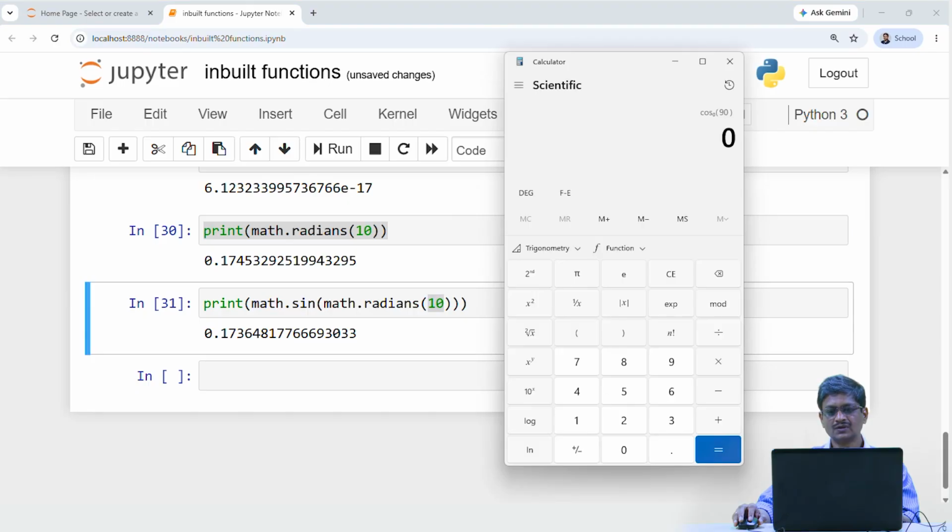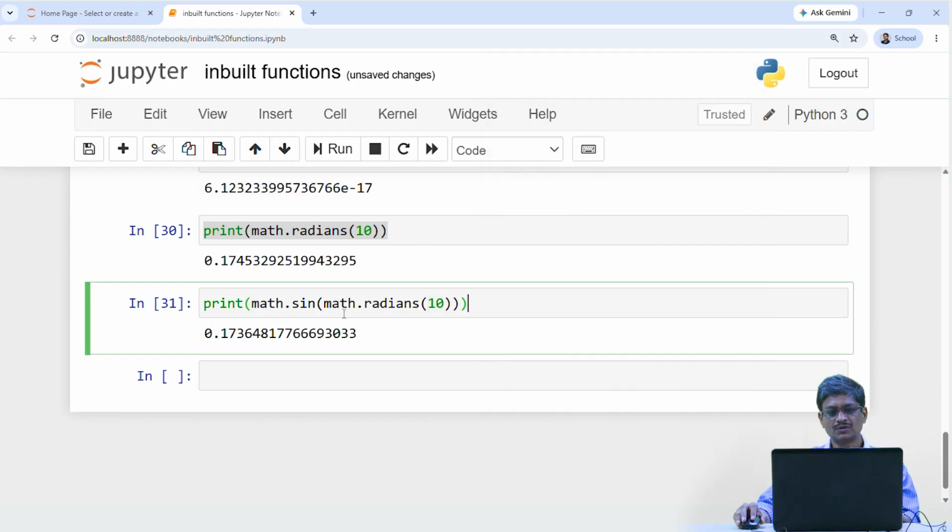Let us see. Here if I write 10 in degrees and say sine, see the answer is matching digit to digit. So always remember, before using sine or cos or tan, you have to convert an angle in degrees to radians.